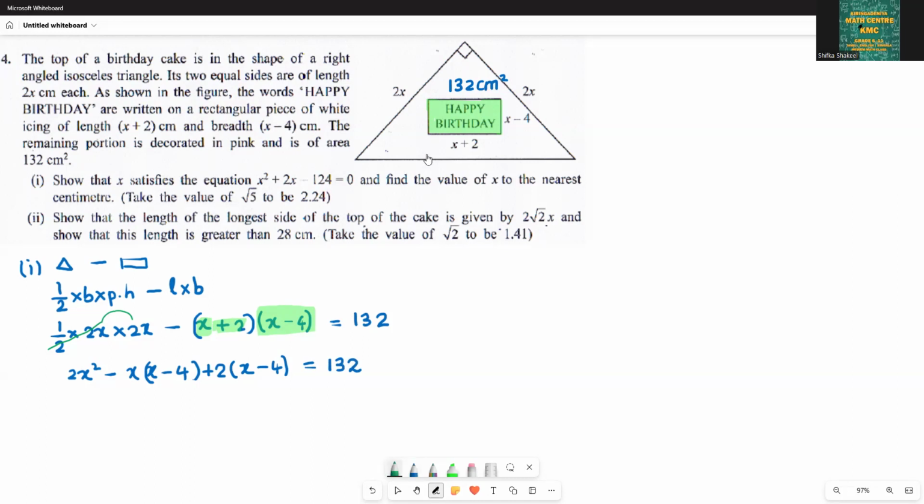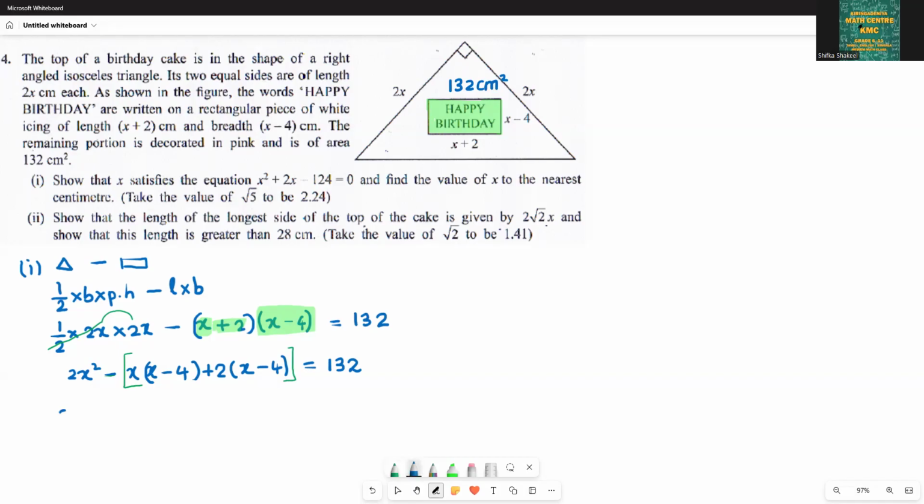Normally I always inform the students that minus is our dangerous symbol. We have to be careful by placing a bracket.